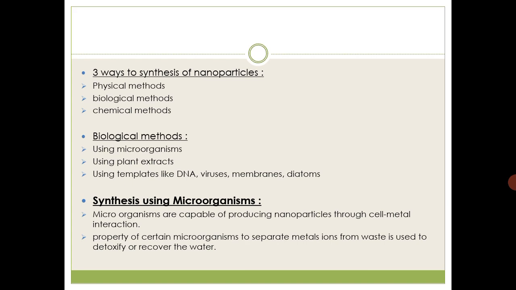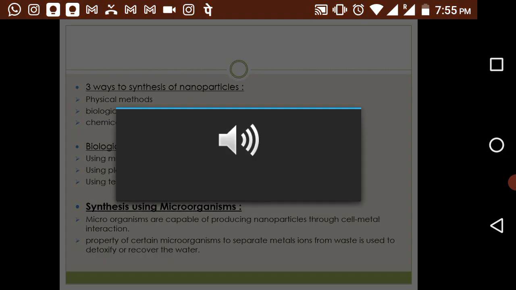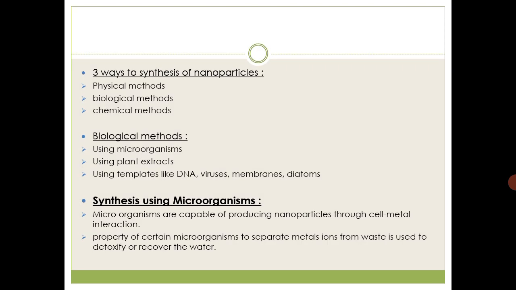The biological ones use microorganisms, plant extracts, or other biological products. And the third one is the chemical method. As the name says, it uses chemical compounds, different types of chemicals, to synthesize the nanoparticles.